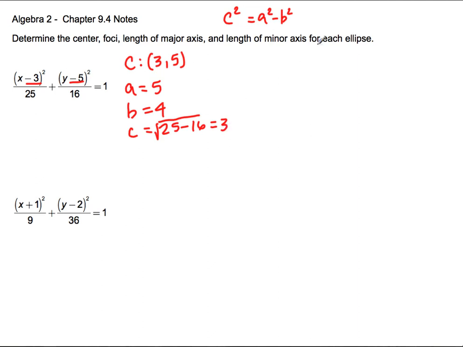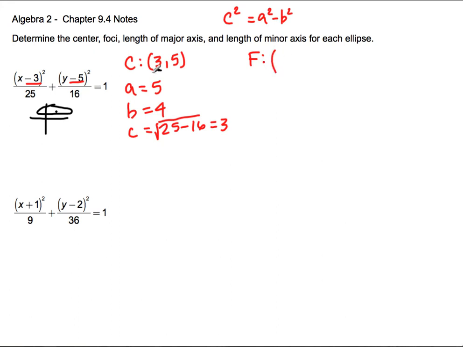If you look at a real rough sketch, I'm at 3, 5 for my center. I go 5 units one way, 4 units the other. I stretch like this, left and right. And so the only thing that's going to change is x, because my focus is going to have a point that has a y value of 5. So how can I find my focus?